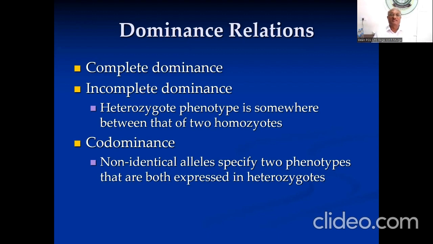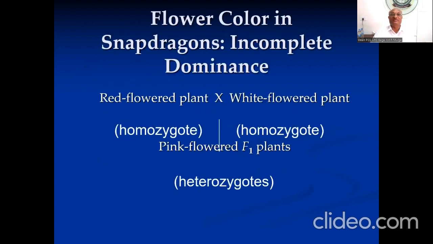Then codominance. Non-identical alleles specify two phenotypes that are both expressed in the heterozygous condition. That means the homozygous dominant will have one phenotype and the homozygous recessive will have another, whereas the heterozygous in between will have a different phenotype.